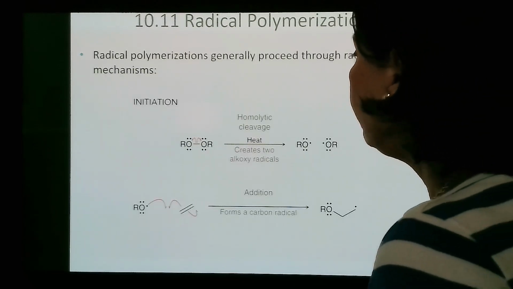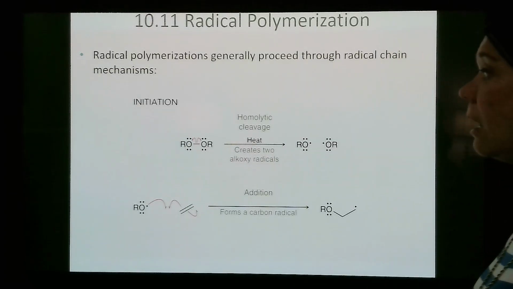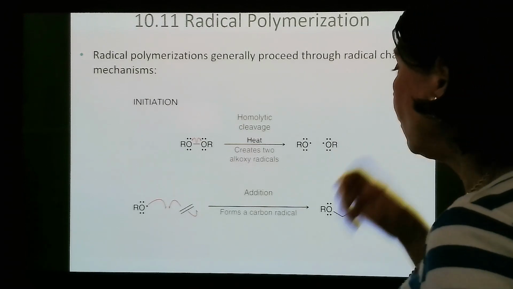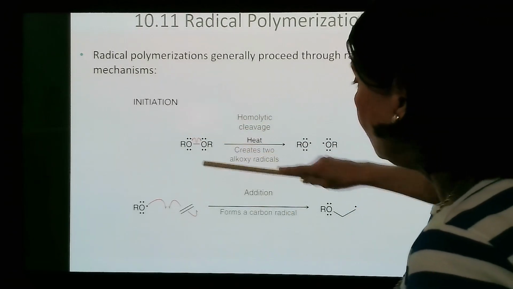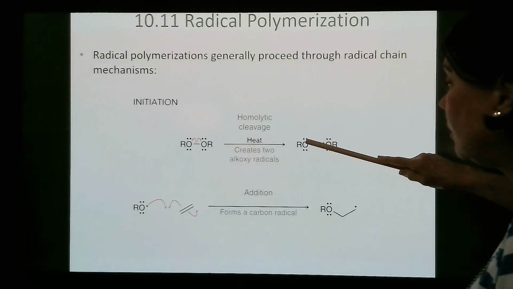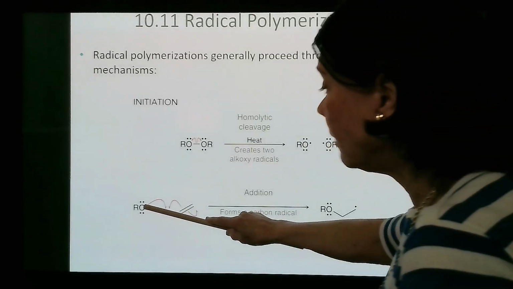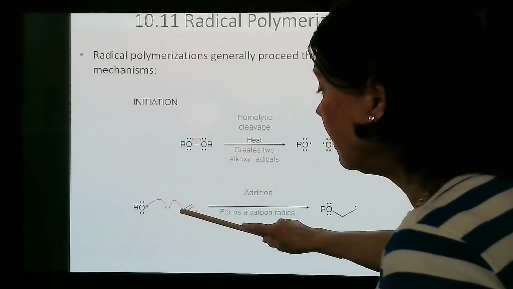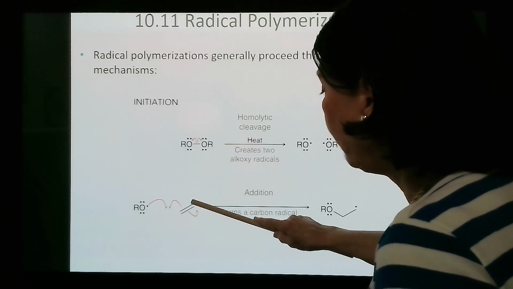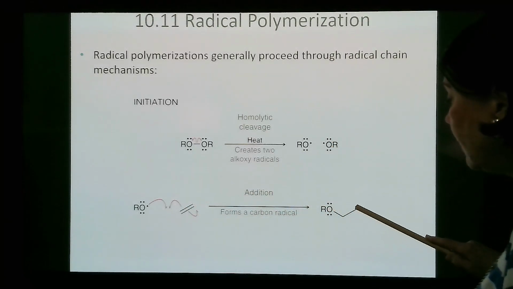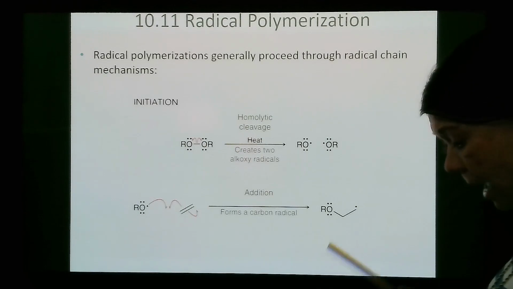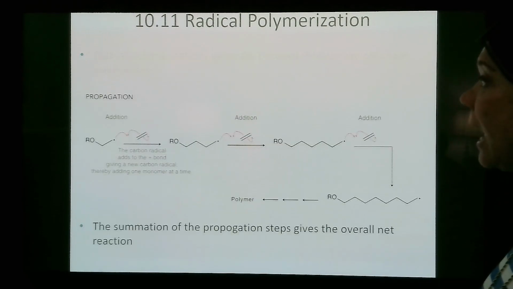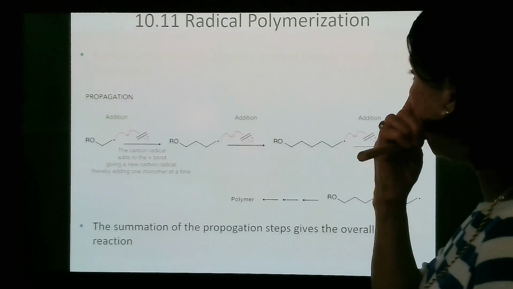So this is how it happens. You have homolytic cleavage of a peroxide to get alkoxy radicals. The alkoxy radical adds to one end of the carbon-carbon double bond, and you get a radical as the product. And that's the initiation steps.